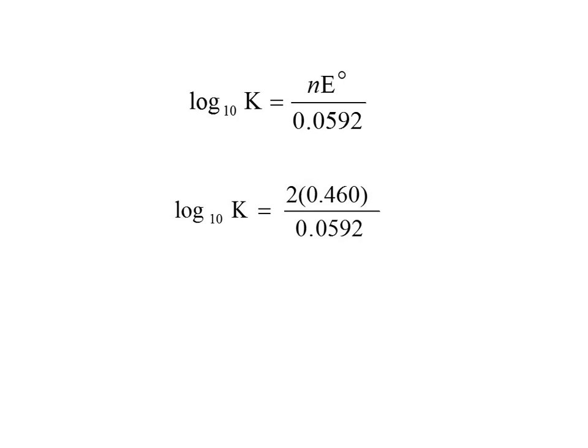If you resolve what's on the right, you get log base 10 of K is equal to 15.5. And this little trick is something we've done a few times in chemistry: I can take 10 raised to this power is equal to 10 raised to this power.